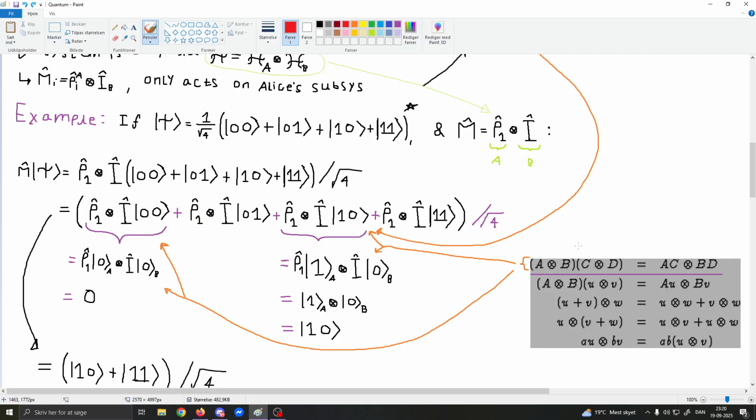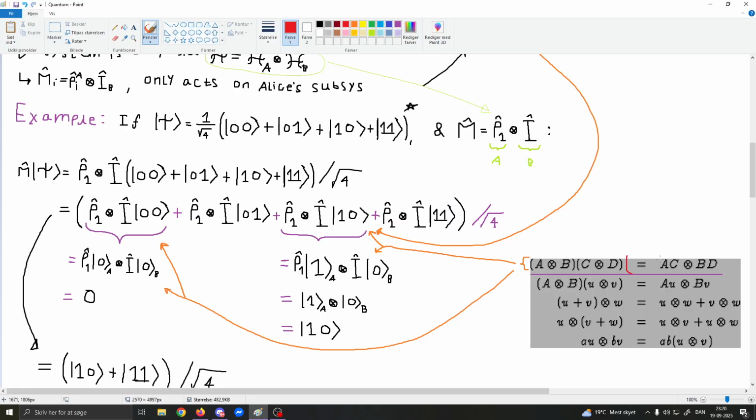A very easy way to think of it is that each thing has its own place. If you have 10 different tensor products together, the first element goes together with the first element, the second element goes together with the second element.